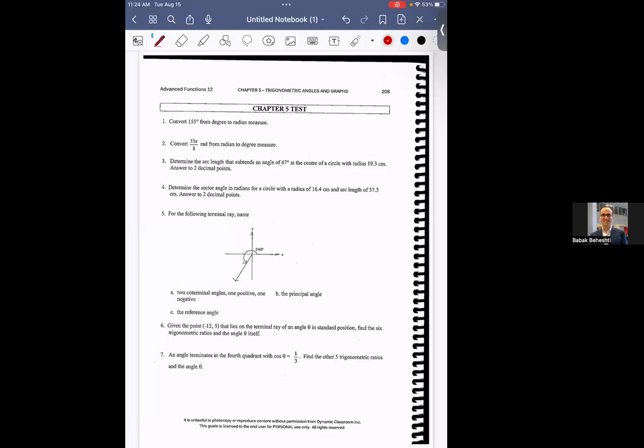Do you see my screen? On the first page, do you have any question? Any question on the first page? No? Do you know how to do 3 or 4? Yeah?